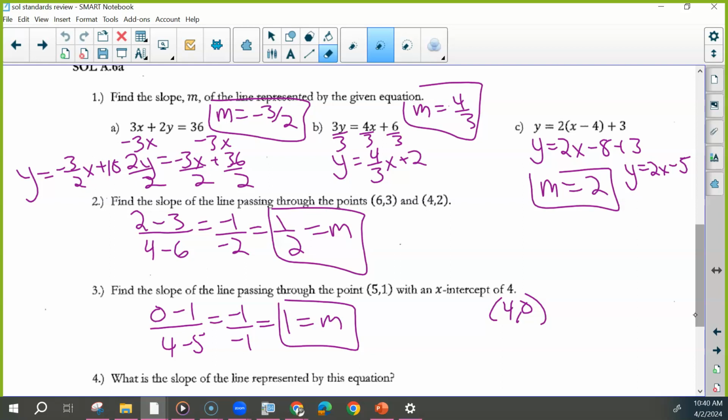Number 1b, the slope was 4 over 3. And c was positive 2. The slope for number 2 was 1/2. For number 3 was 1.